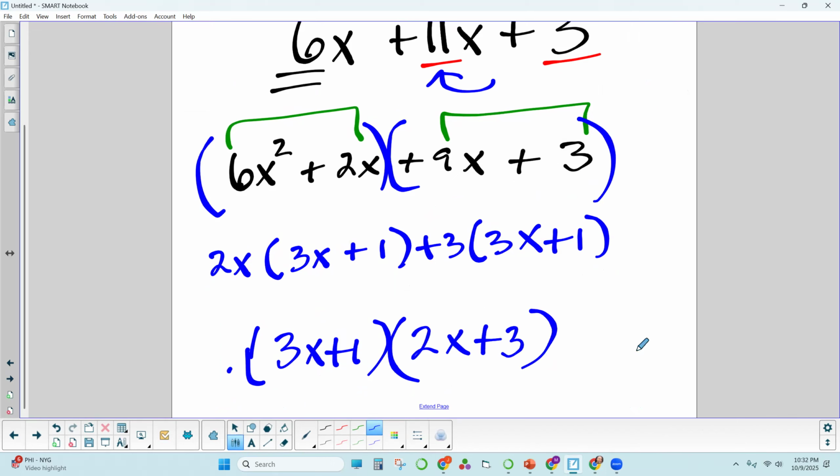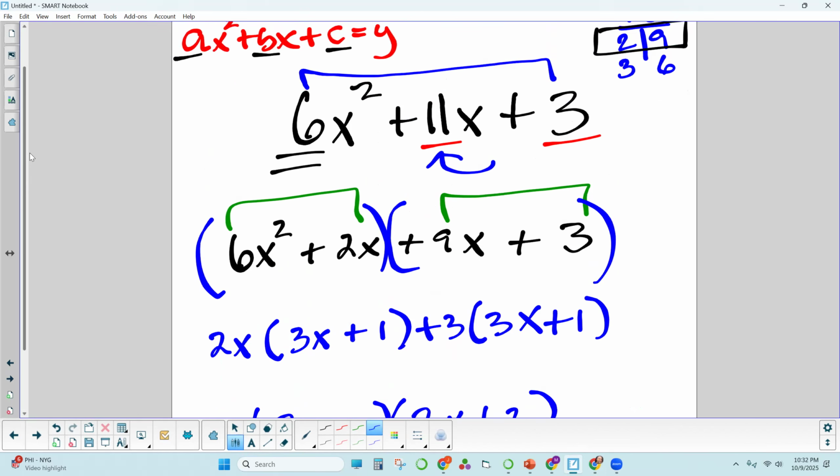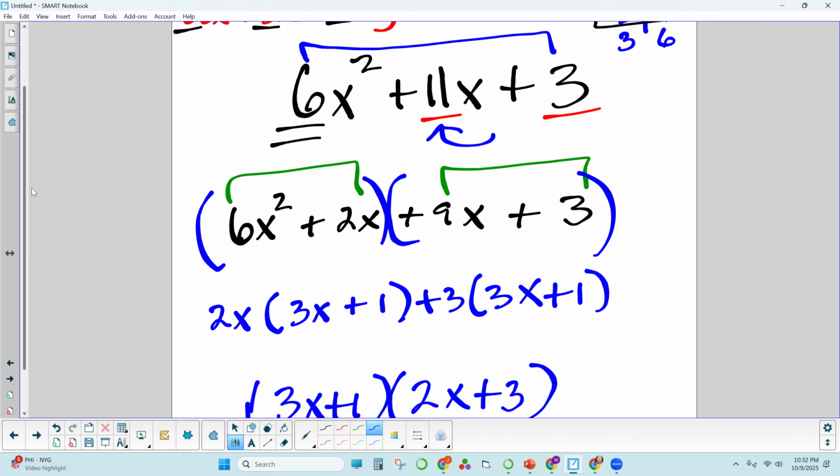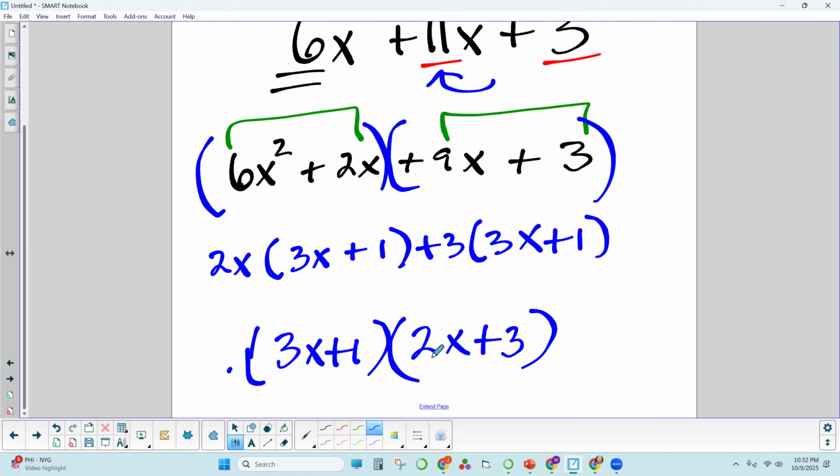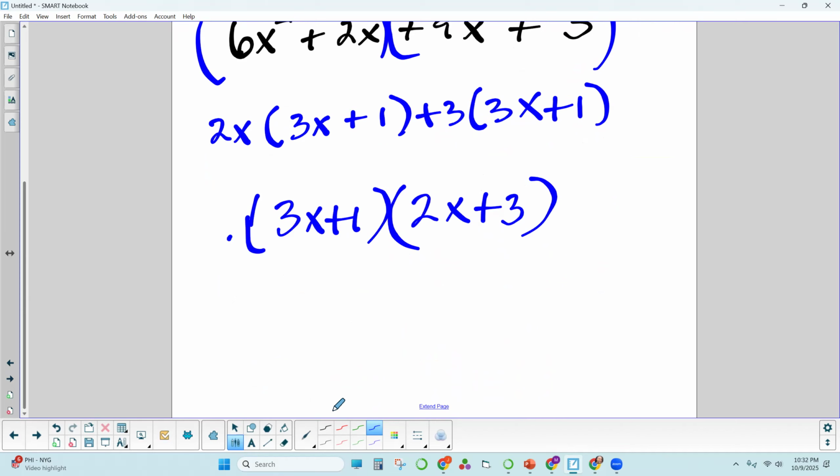Now don't forget, when we are done and we have our factored form, this should be the equivalent to what we started with up here. So you can FOIL this, you can multiply this out, and you should get back 6x squared plus 11x plus 3. Let's check it real quick. Okay, so we can review FOILing.